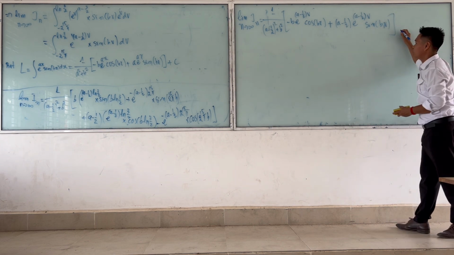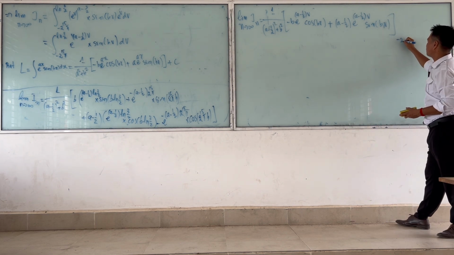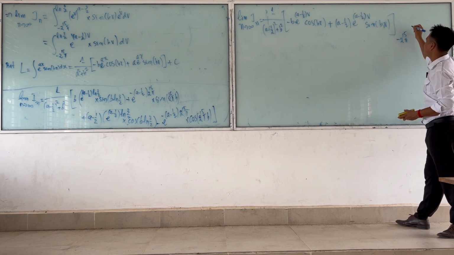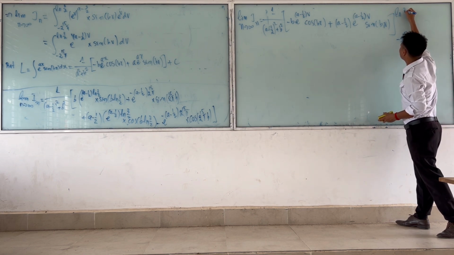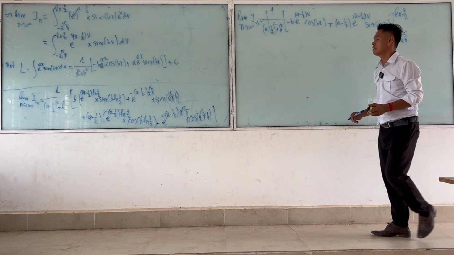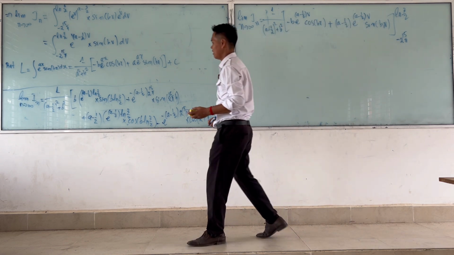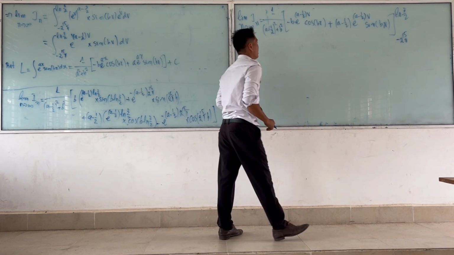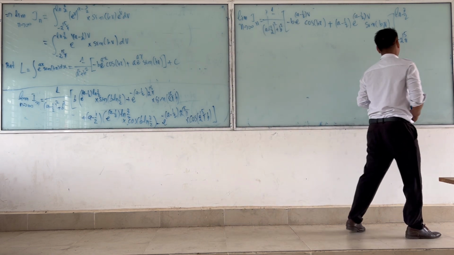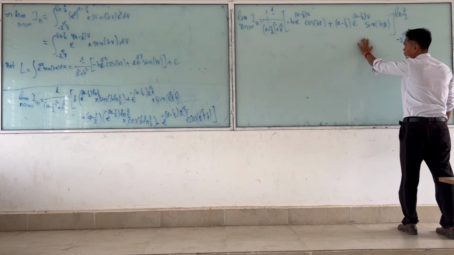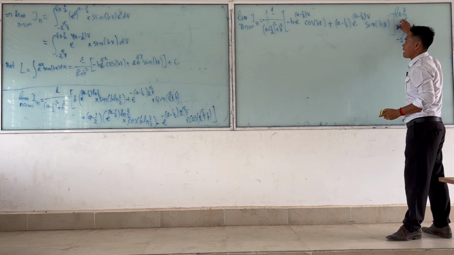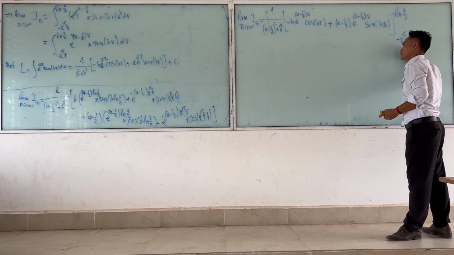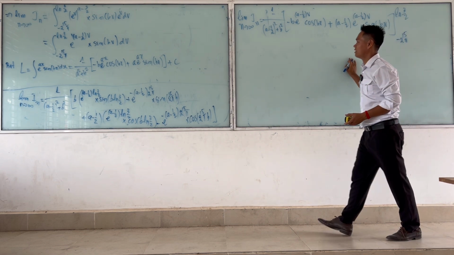And starting from the lower base, it is negative 2 to the power 15 pi, and the upper base is natural log of 3 over 2. And we do it in the same manner as before: you replace the upper base minus replacing the lower base.